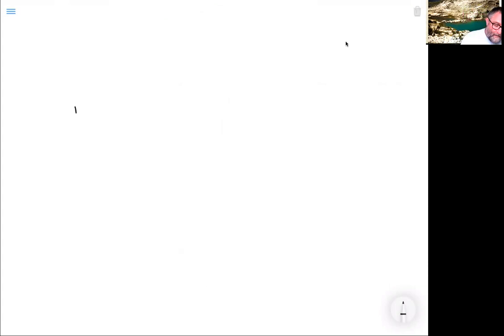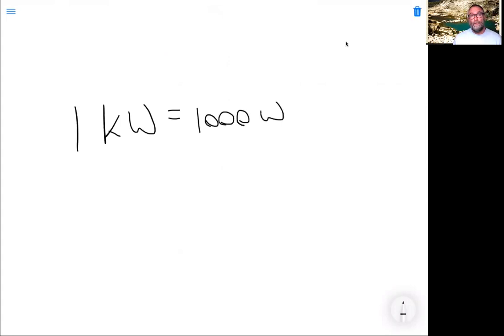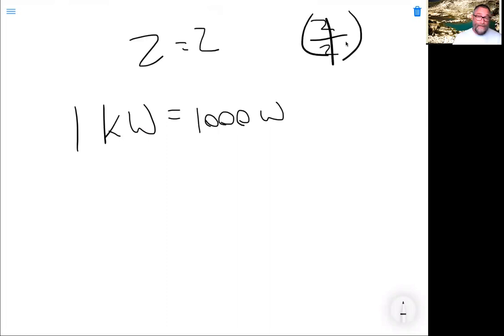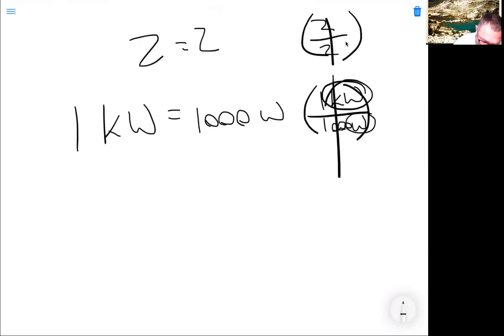And so if this equals that, just like 2 equals 2, when you write that over itself, all you're saying is 1, except now it's all 1, but I've changed my units.